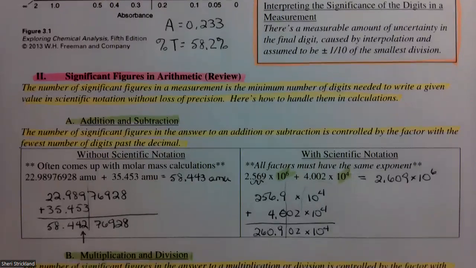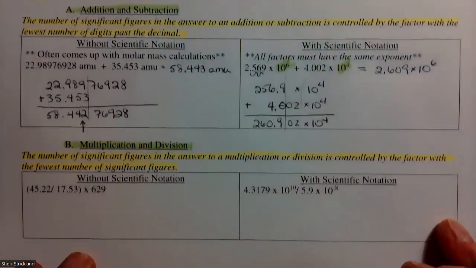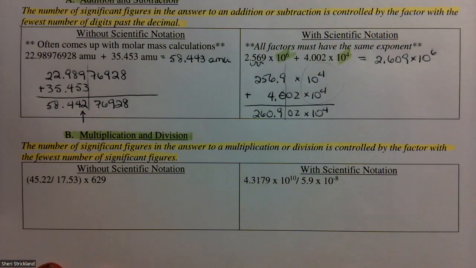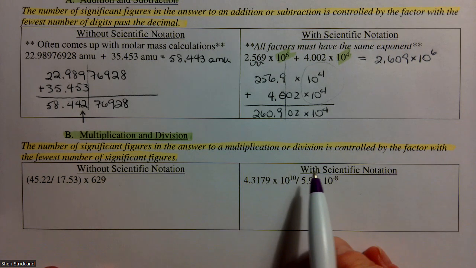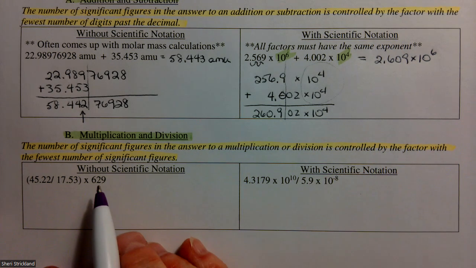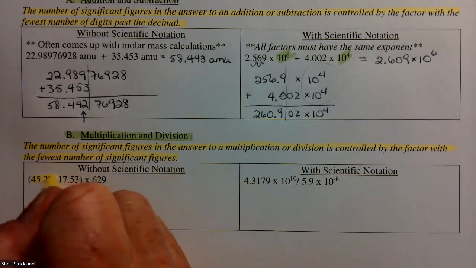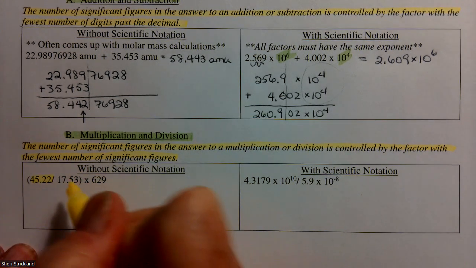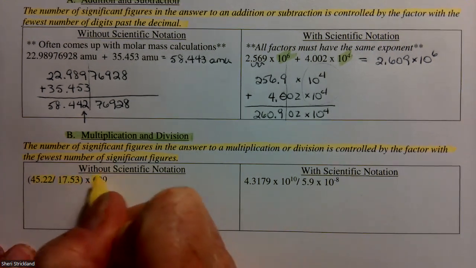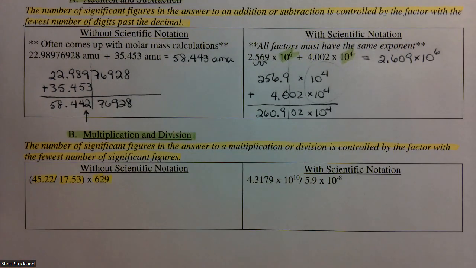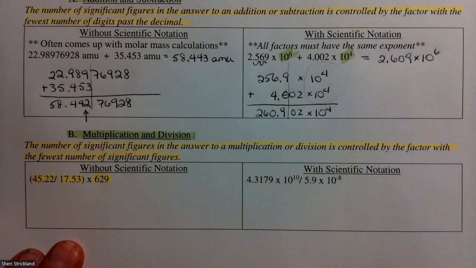All right. Now, multiplication and division are different. The number of significant figures in the answer to a multiplication or division is controlled by the factor that has the fewest number of significant figures. So if I look at this one, it's got 4 significant figures, and this one has 4, and this one has 3. So that tells me that I can keep 3 significant figures in the answer.